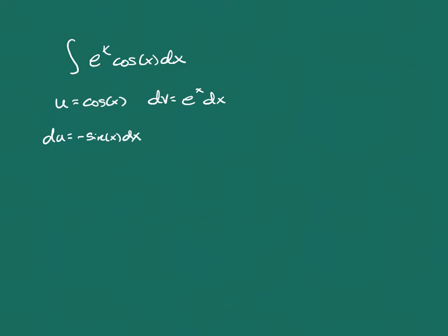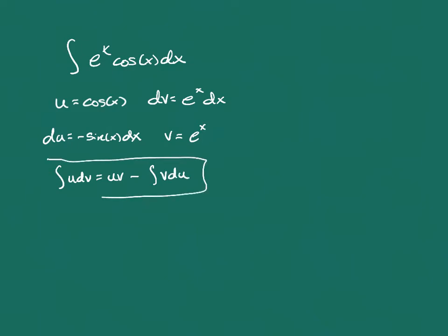Our v becomes the antiderivative of e to the x, which is just e to the x. And the formula again: the integral of u dv is u times v minus the integral of v du.